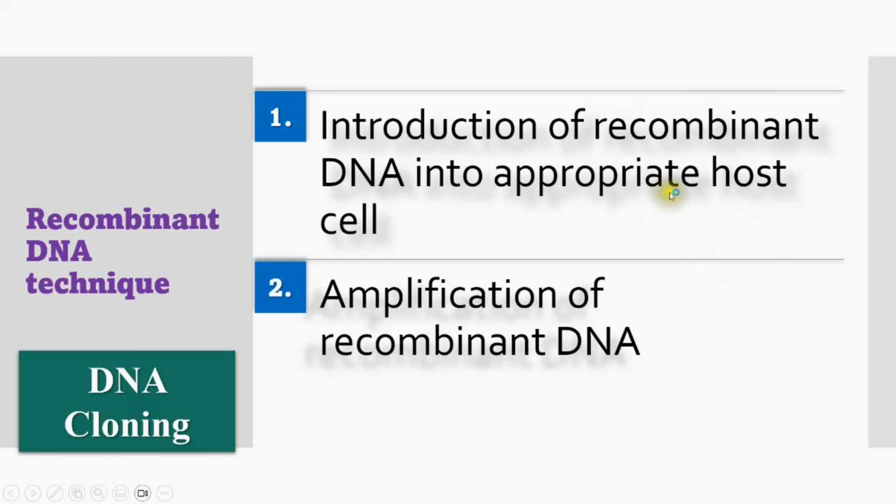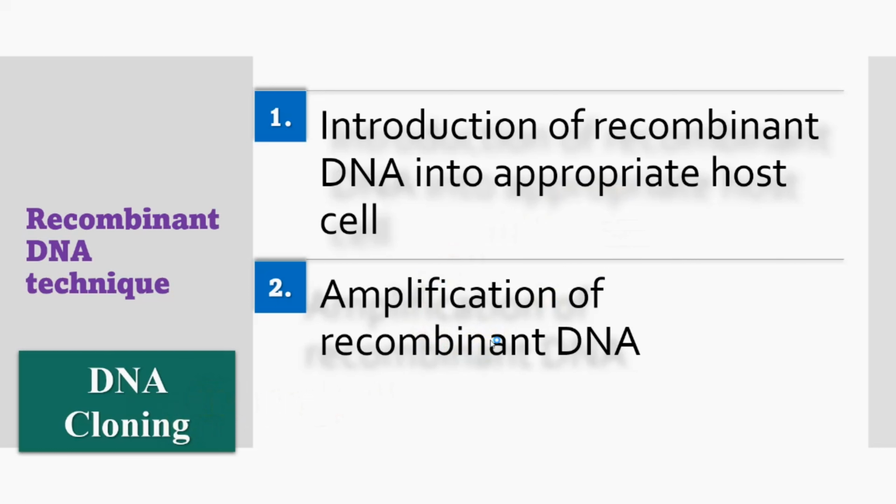So whatever DNA we produce, we can insert into a host cell so that, apart from host DNA, this recombinant DNA is also divided and multiplied, and this is called cloning. In vivo, inside the body or inside the host, we call it cloning. And a similar technique we can use in PCR, which is in vitro or outside. There also we are amplifying, that is PCR.